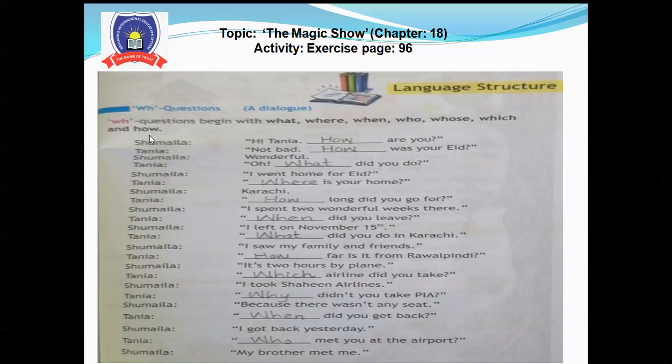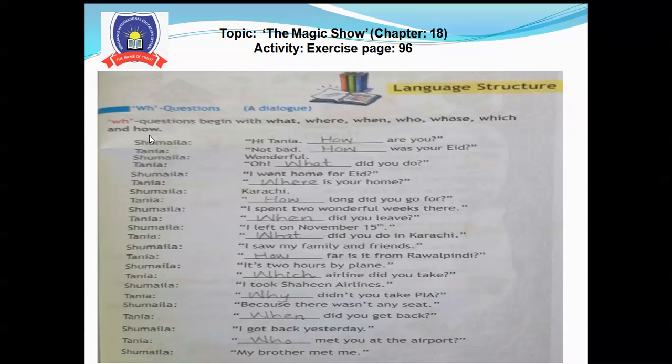Tanya: Oh, what did you do? WHAT, what did you do? Shumaila: I went home for Eid. Tanya: Where is your home? WHERE, where is your home?